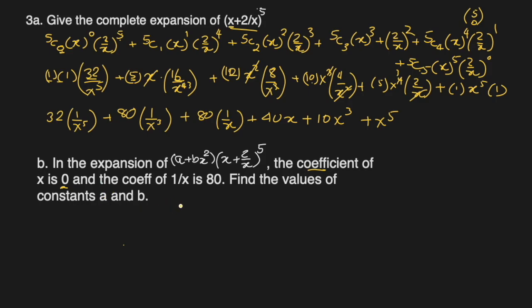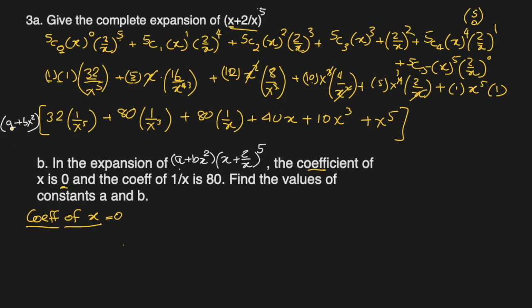I will write this in a bracket to make it easy, and I will write a plus bx square in front of this, a plus bx square here. So a plus bx square, and the expansion of this is this, so I have written them one after another to make it easy for myself. Okay. So the coefficient of x is 0.